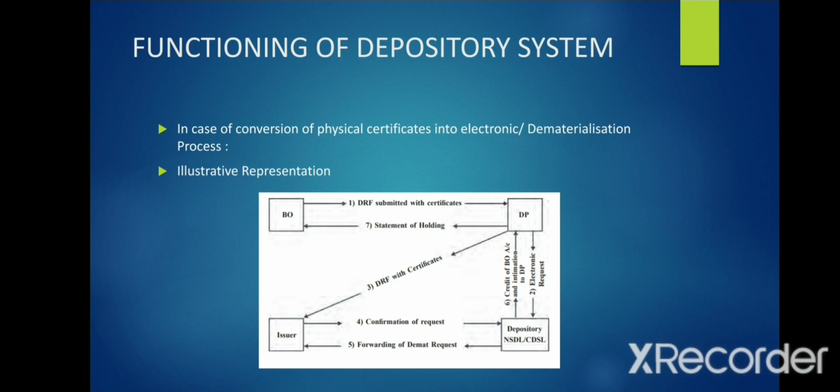Depository credits the dematted securities to beneficiary account, demat account of investor. Depository intimates the depository participant. Depository participant issues a statement of account to the investor, means beneficial owner.